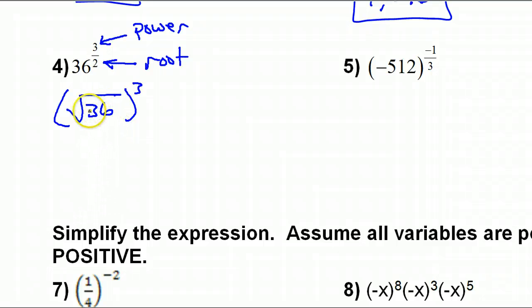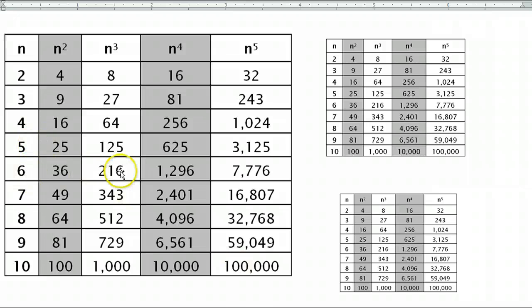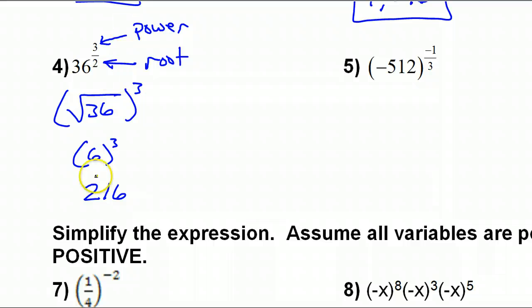Now we don't need a chart for this one. The square root of 36 is 6. So then we just have 6 to the third power. And I'm pretty sure that is 216. 6 to the third power is 216. So that is the final answer for number 4.